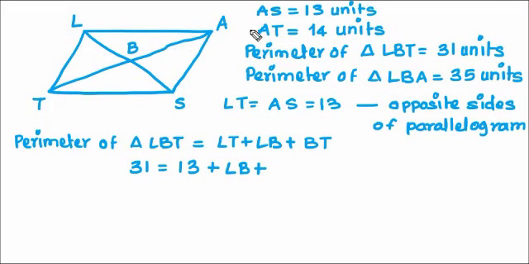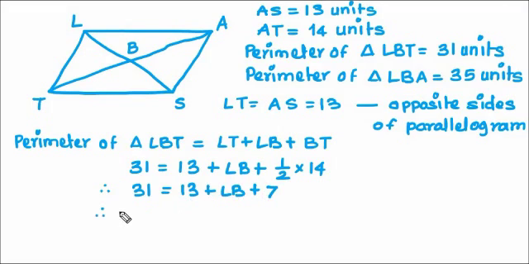So BT is going to be half of AT, and AT is 14 units. And therefore 31 is equal to 13 plus LB plus 7. Take all the numbers on one side, that gives us 31 minus 13 minus 7 is equal to LB, and therefore LB is equal to 11 units.